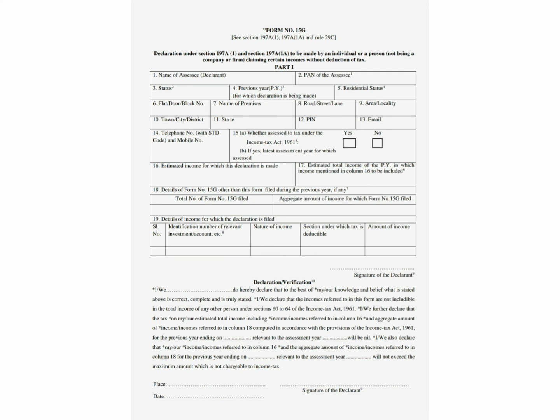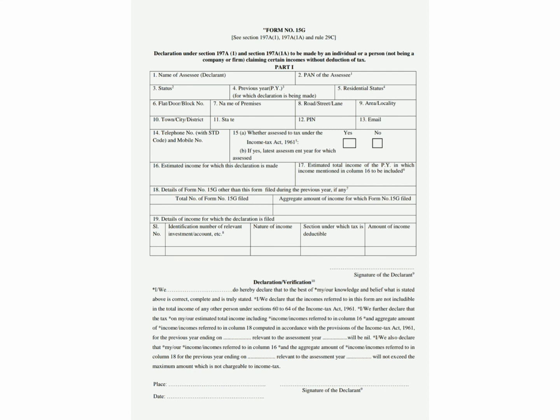So you have to write here 2020-21 will be nil, and further again you have to enter for the year ending 31st March 2020 and relevant to the assessment year 2020 to 21 will not exceed the maximum amount which is not chargeable to income tax. Okay.